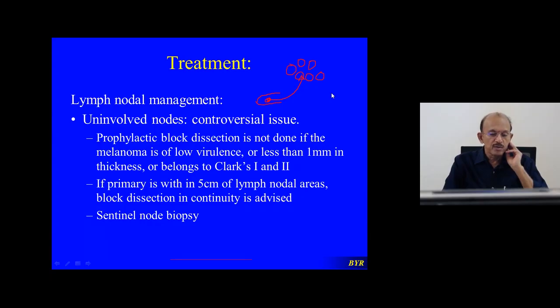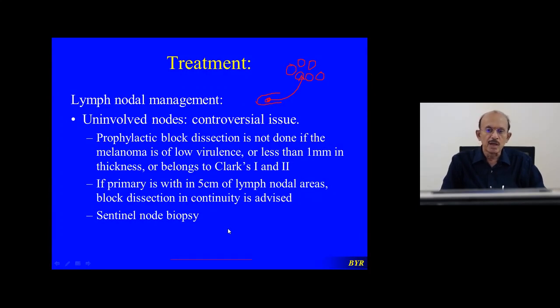So for life, they must follow certain precautions. They must keep the limb elevated while they are sleeping. When they are walking, they should always wear elastic bandages. In spite of that, they will get infections now and then, oozing of lymph, lymphorrhagia, and other complications. So it gives a hell of trouble to the patient. That is why you don't do block dissection just like that for every case of melanoma.